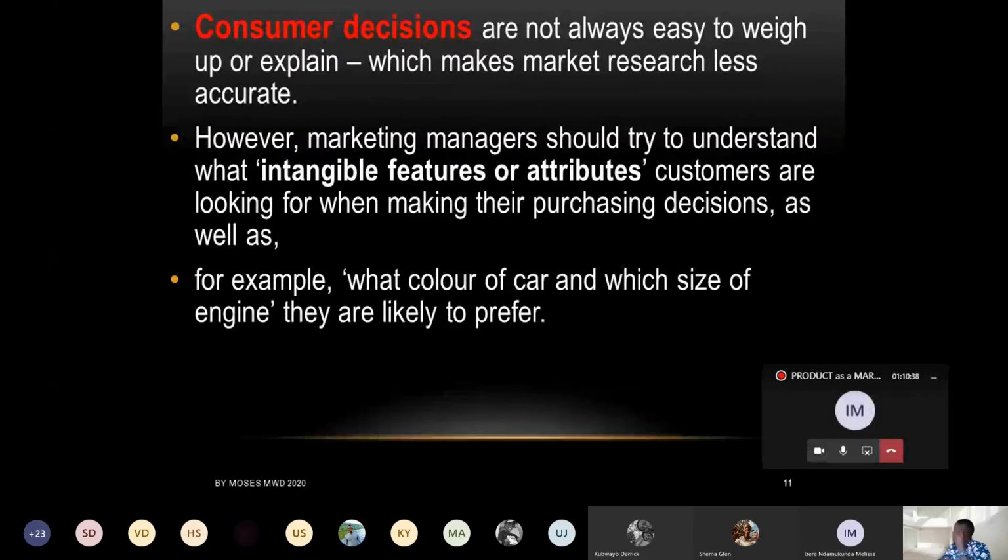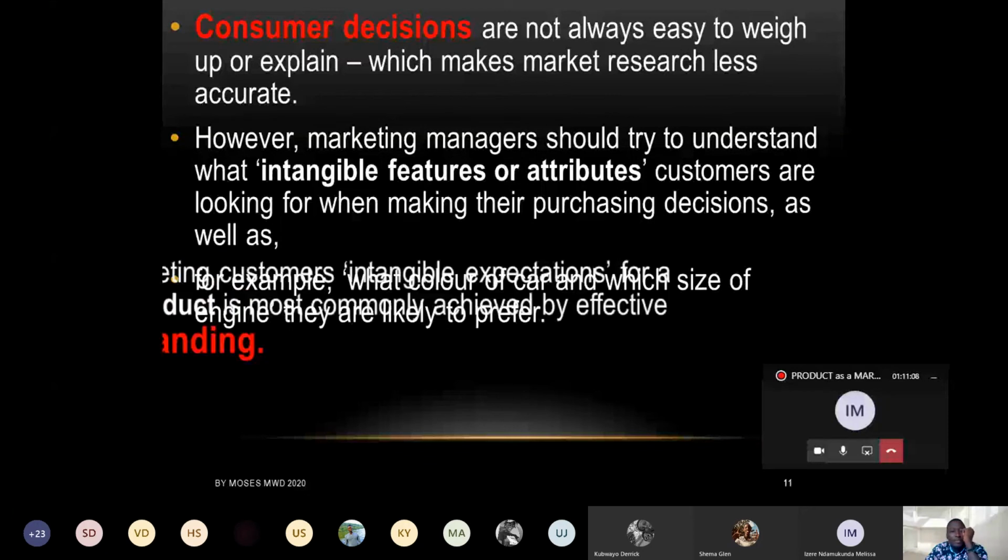But if you are producing the green ones, I think green there are not very many, red, yellow. I rarely see cars of yellow color. So it depends on you trying to understand the attributes of consumers, and it's more so good using market research, and you gather accurate and valid information.